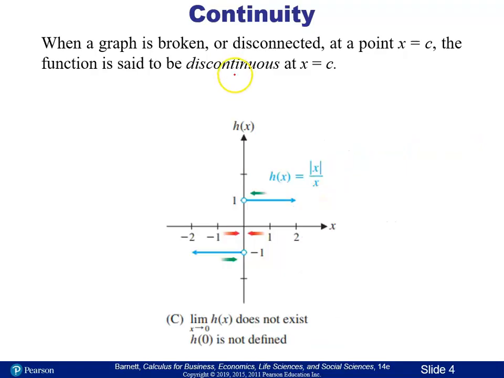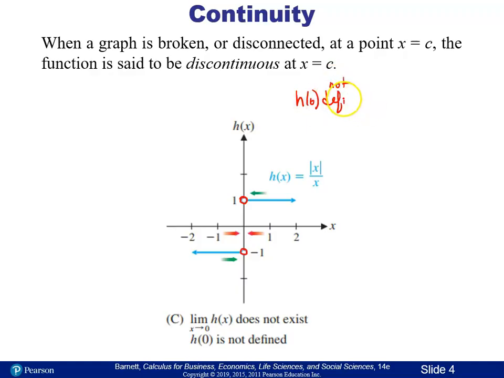Okay, if we look at this one, this is another type of discontinuity. You've got a jump where you're jumping from -1 to +1 in here. So we've got open circles over 0. Okay, so h of 0 is not defined.